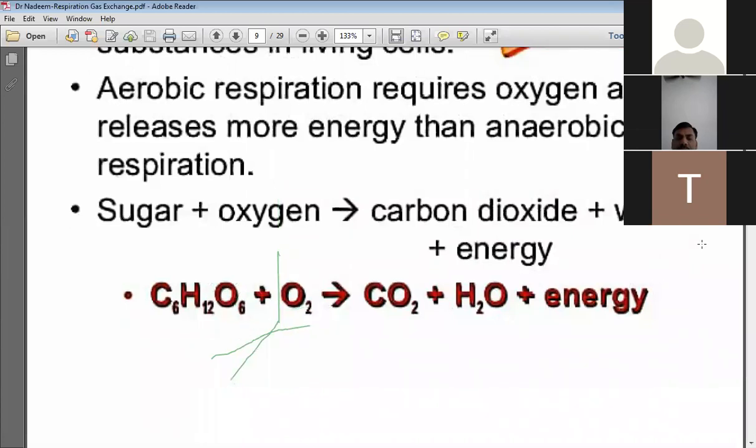Already you have seen this overall summarized chemical reaction of respiration. Glucose is oxidized into CO2, water, and energy. Although aerobic respiration releases more energy than anaerobic, it is very slow in comparison to anaerobic respiration.